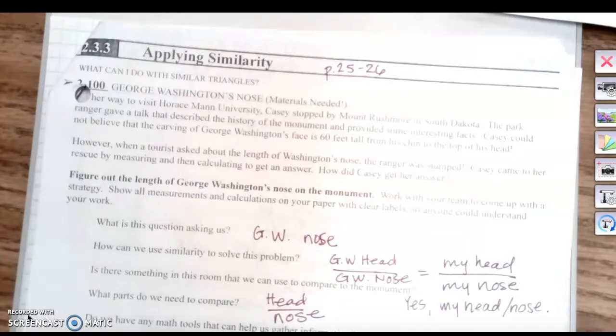On her way to visit Horace Mann University, Casey stopped by Mount Rushmore in South Dakota. The park ranger gave a talk that described the history of the monument and provided some interesting facts. Casey could not believe that the carving of George Washington's face is 60 feet tall from his chin to the top of his head.